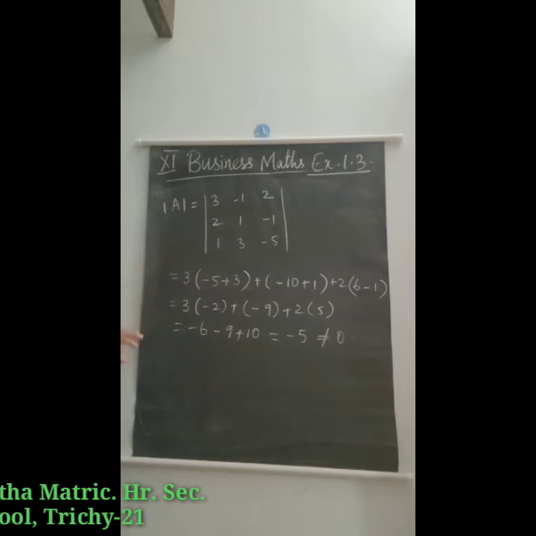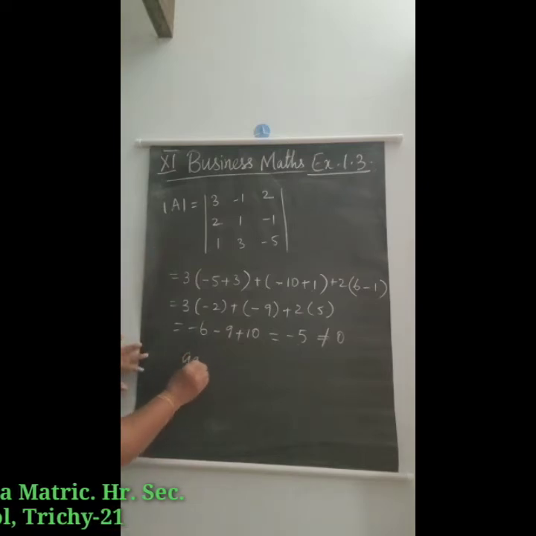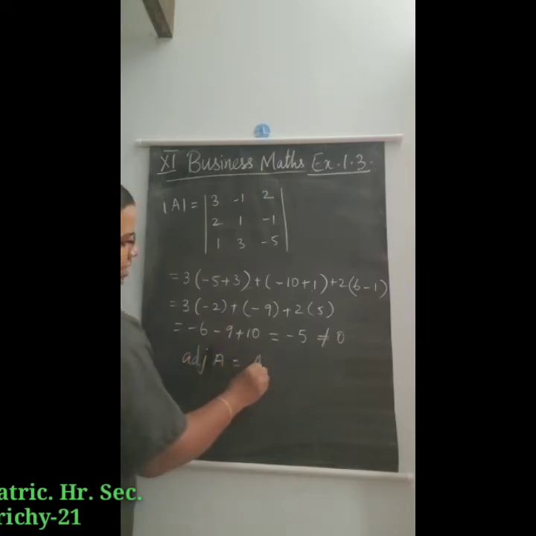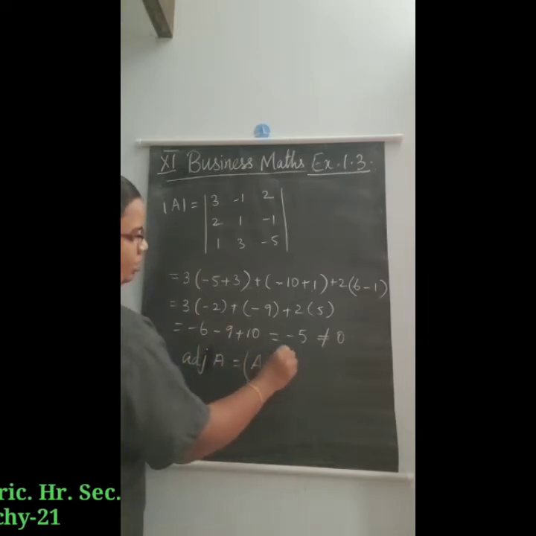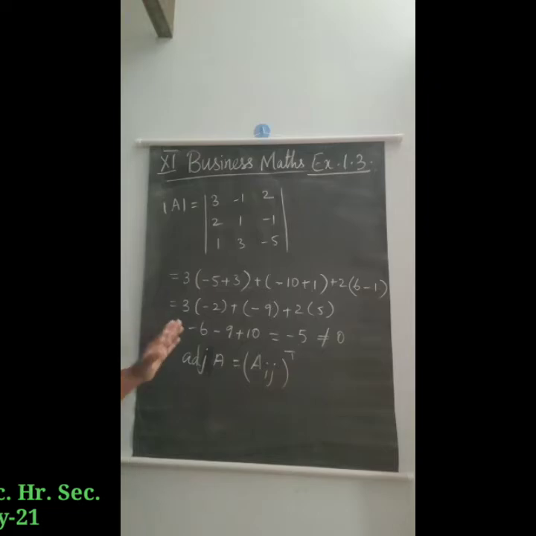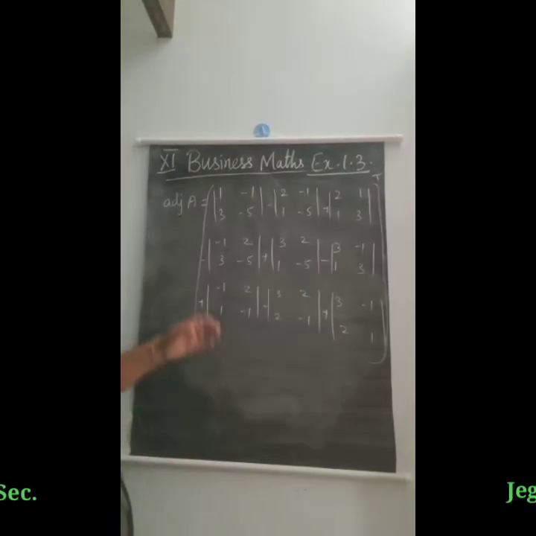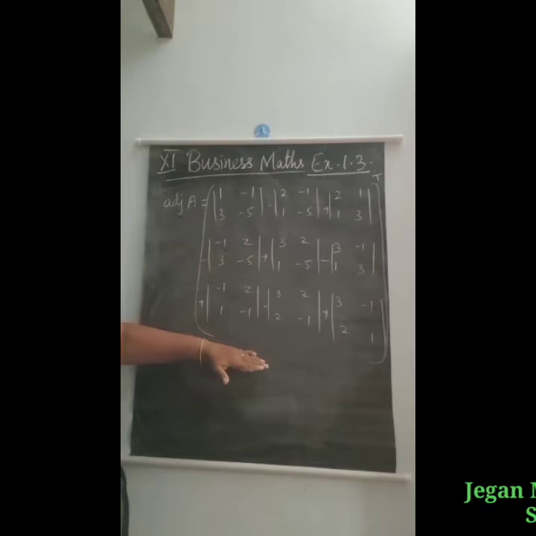What is adjoint A? Adjoint A is equal to Aij whole transpose. So now we have to find out the cofactor of the A matrix. Now the cofactor for adjoint A, this is the determinant value of the cofactors.